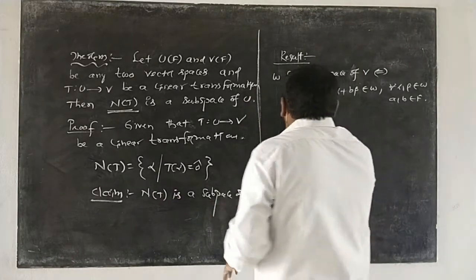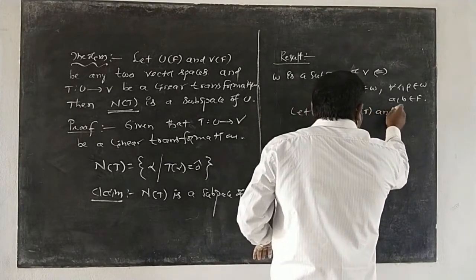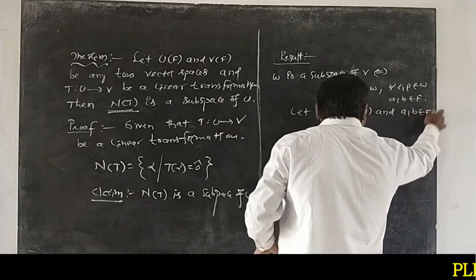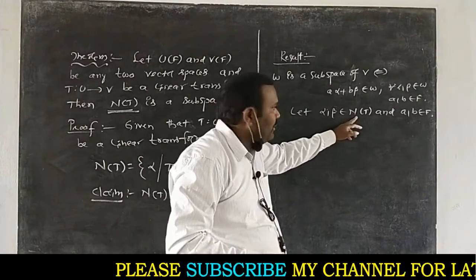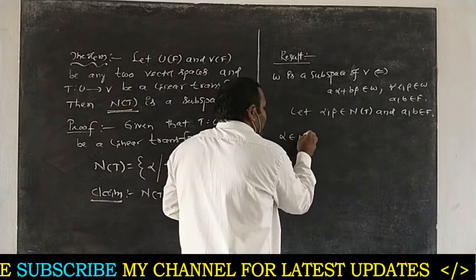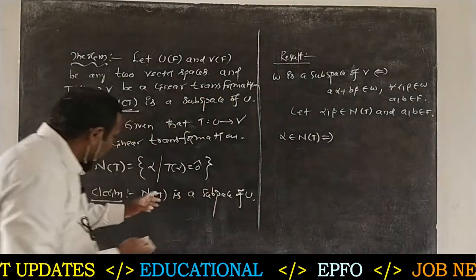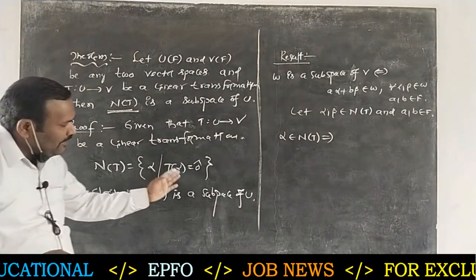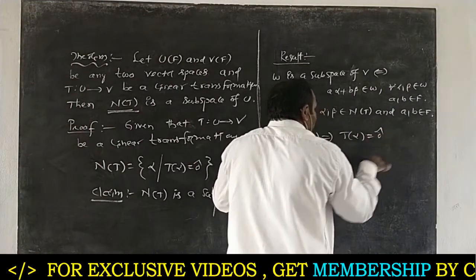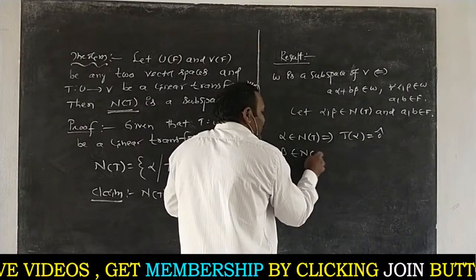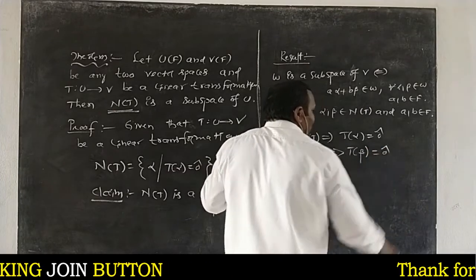Let alpha, beta belong to N of t and A, B belong to F. Alpha belongs to N of t means T of alpha equals 0 cap. Again, beta belongs to N of t means T of beta equals 0 cap.